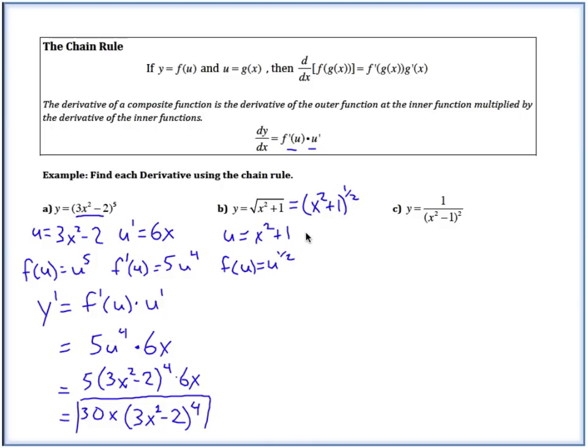Now we just need to find the derivatives of u and f. Okay, so again, simple power rule, 2x, and then here we get 1/2 u to the negative 1/2, which we could write as 1 over 2 square roots of u.